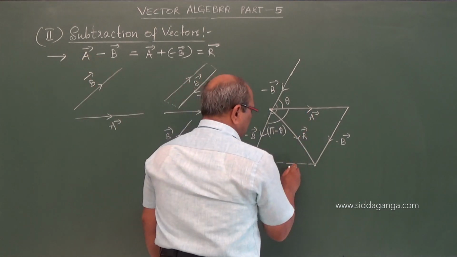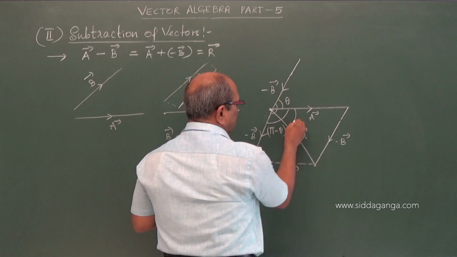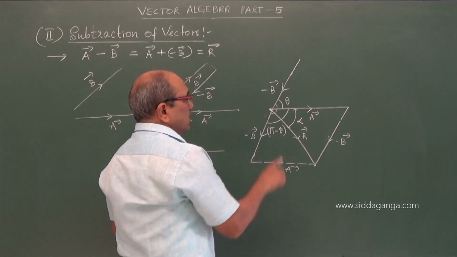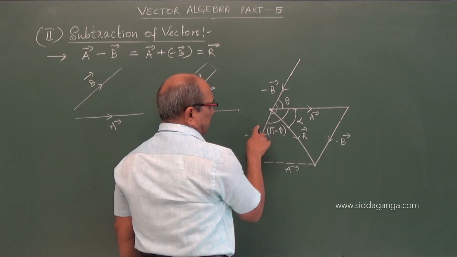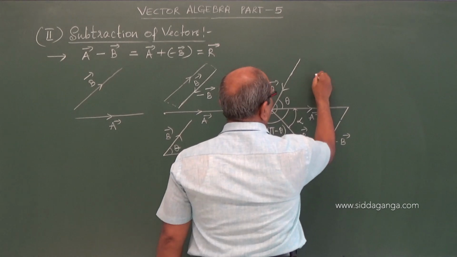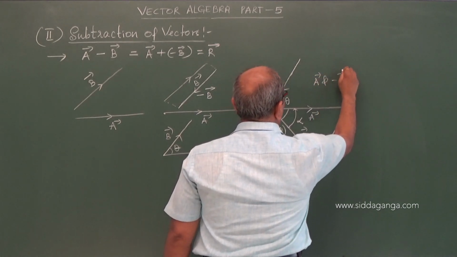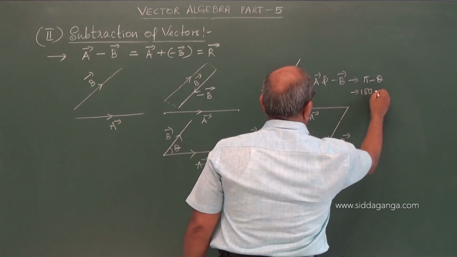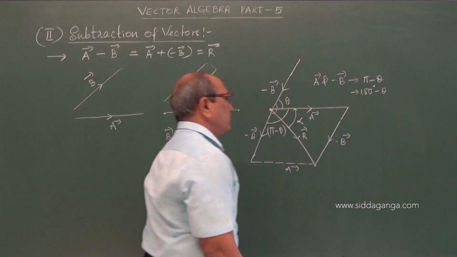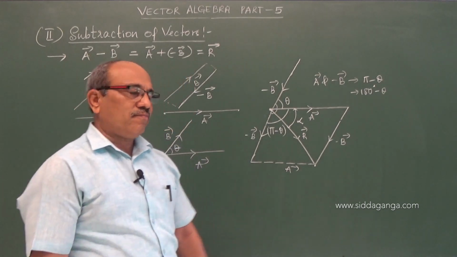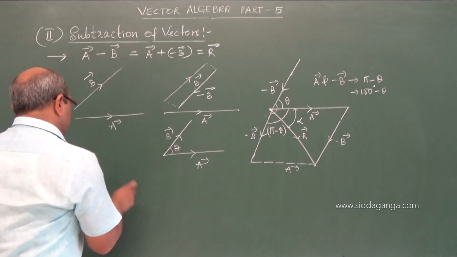Now this is A, and this is the resultant vector. What is the angle between the two vectors? Not theta. The angle between A and minus B is pi minus theta, or 180 minus theta. Everything else remains the same.